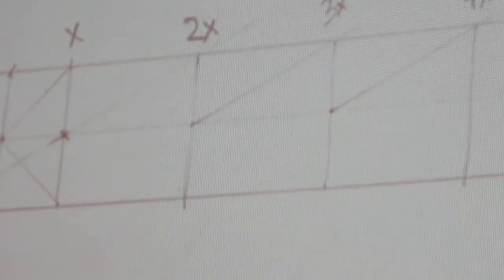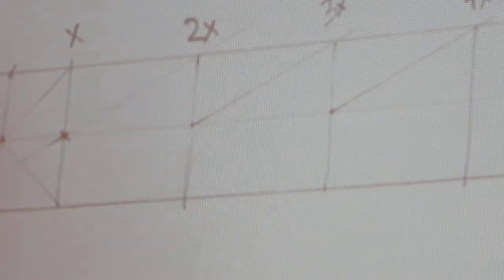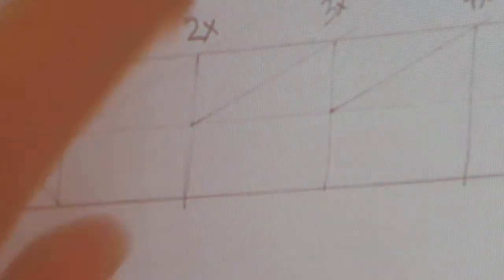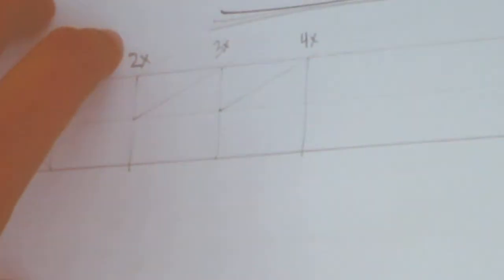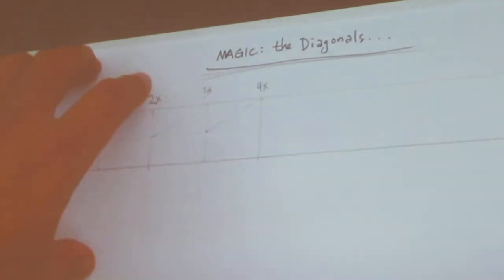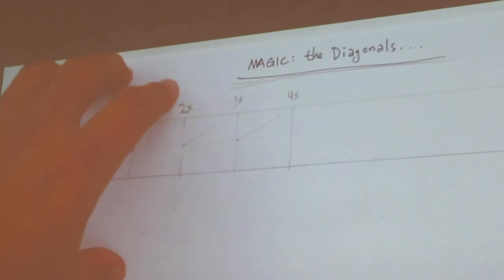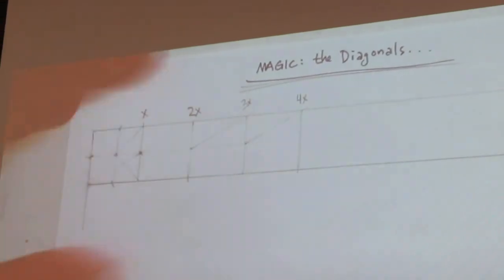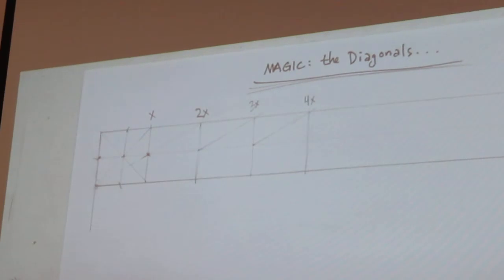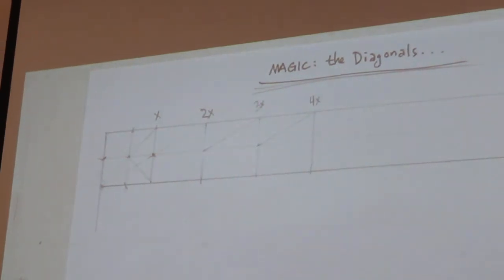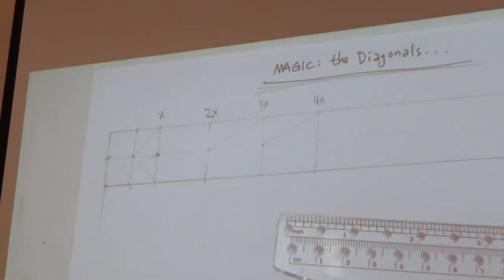I love these kinds of methods because they don't need mechanical tools. You can use them sketching on location just as easily, unlike the station point or measuring points, which are more mechanical.